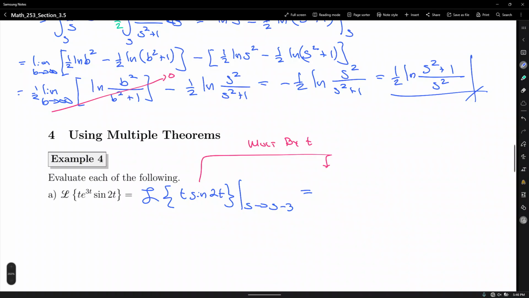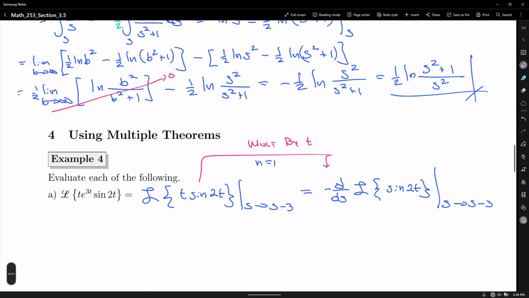In this case, n equals 1, so that is negative the derivative with respect to s of the Laplace transform of sine 2t. Whatever we get, don't forget about the shifting to s minus 3, all right?